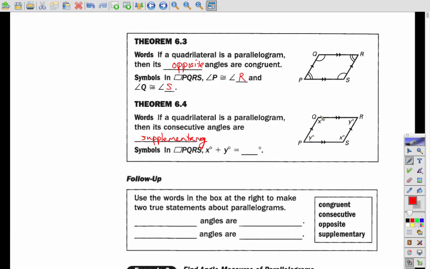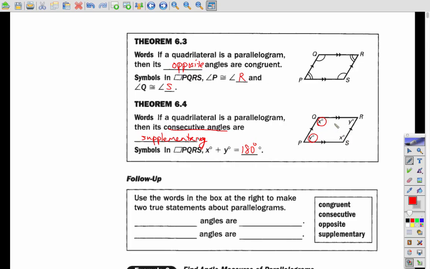When we have parallel lines, the one that cuts them through is the transversal. So we have alternate interior, alternate exterior, corresponding angles, and the only one that's different is same side interior, which is also called consecutive angles. They have to add up to 180 degrees.